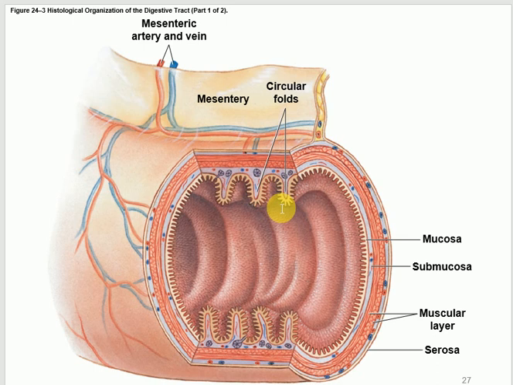It's not circular, longitudinal. Yes, this is everywhere. There is one extra in the stomach. What is it? Nobody remembers? Oblique. So everywhere, circular, longitudinal. In the stomach, there is an extra one, the oblique layer.